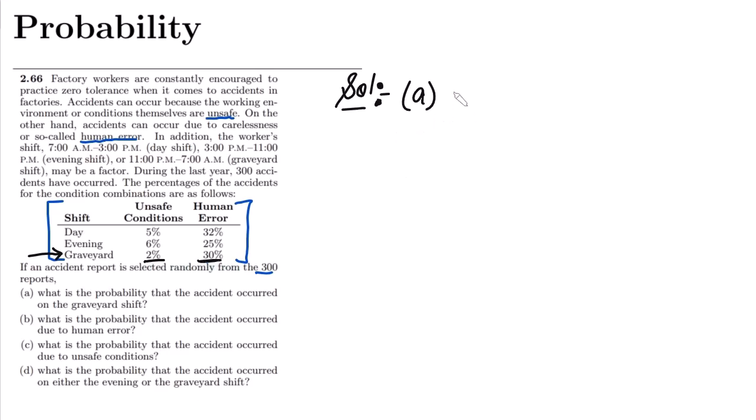So the probability of it, let me write it as event A. The probability of event A would be 2% and 30%, which in probability is 0.02 and 0.30, and I have to add them together because the graveyard shift can have accidents due to unsafe condition or human error. Therefore the probability is 0.32, and that is the solution of part A.